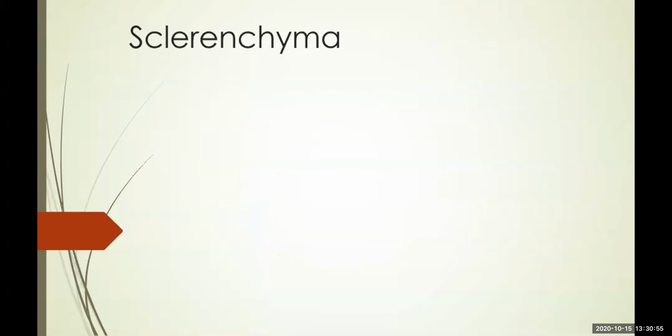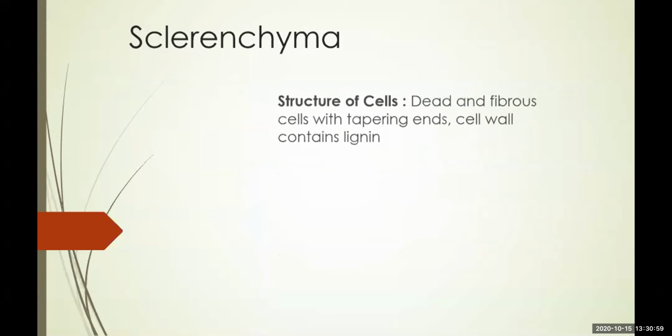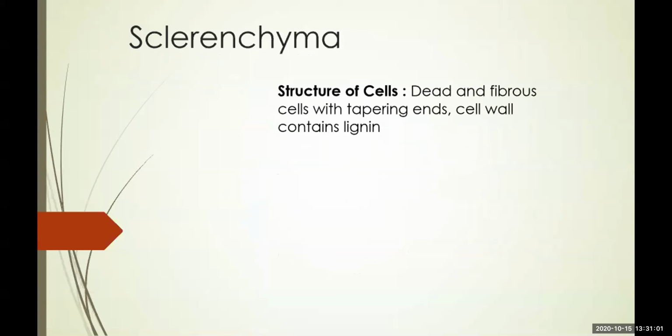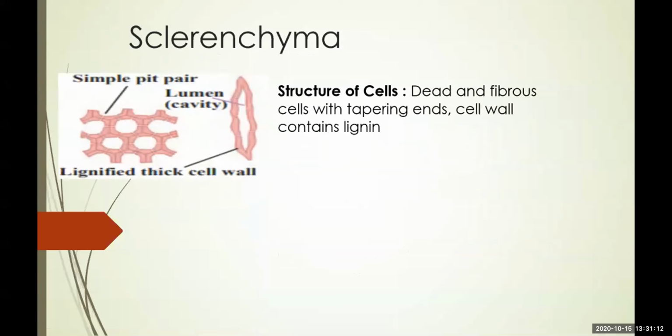Next type of simple tissue is sclerenchyma cells. If we talk about the structure, sclerenchyma cells are dead and fibrous cells with tapering ends, and the cell wall shows lignin. Remember, tapering means pointed at both the ends, whereas it is broader in the middle cavity.